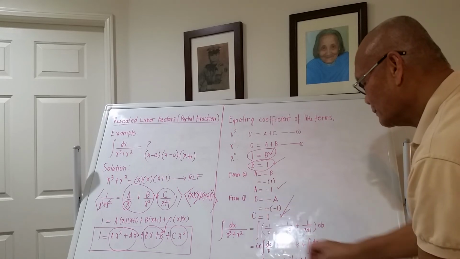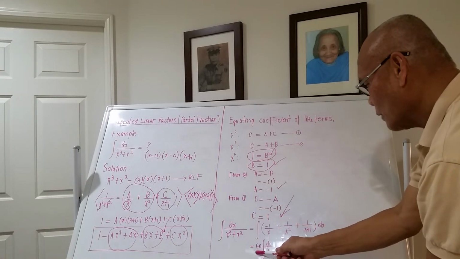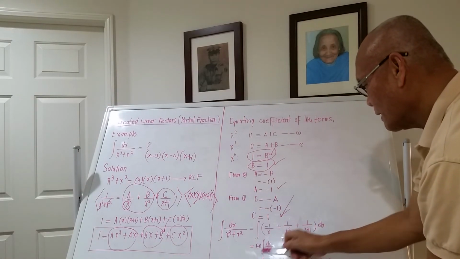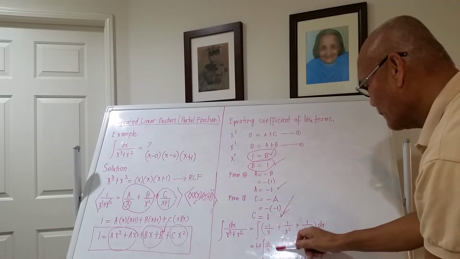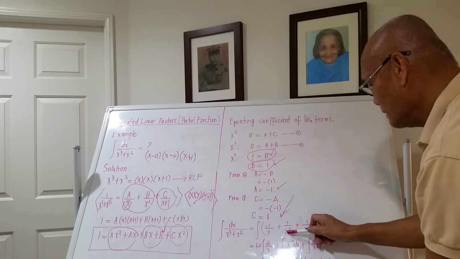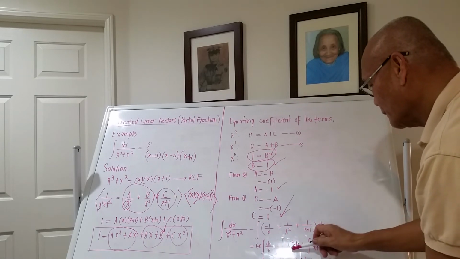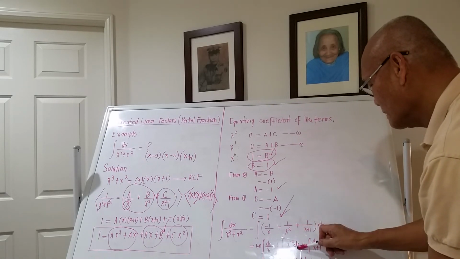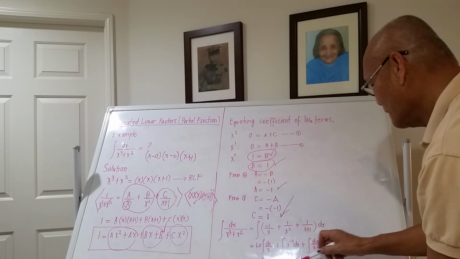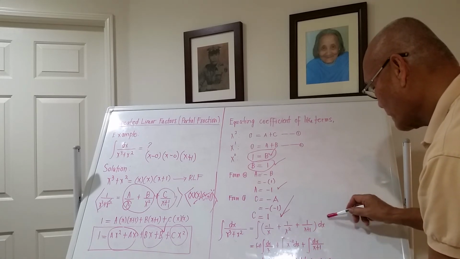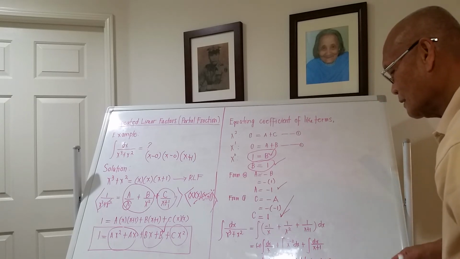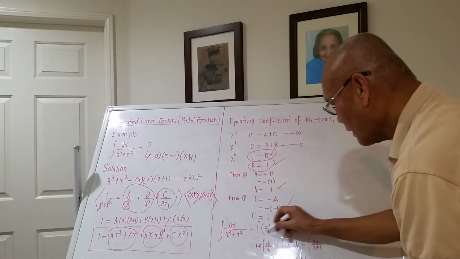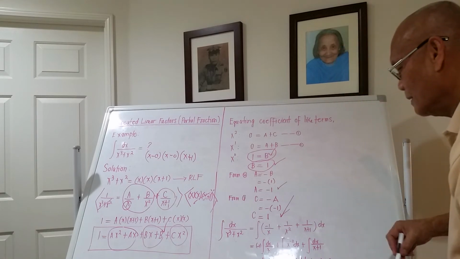Then expand. Negative 1, we bring it out: the integral of dx over x, plus the integral of x to the minus 2 dx, plus the integral of dx over x plus 1. And luckily, these are now all integrable.